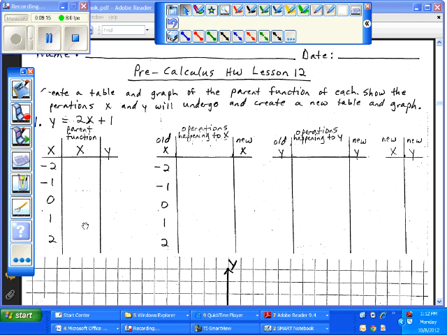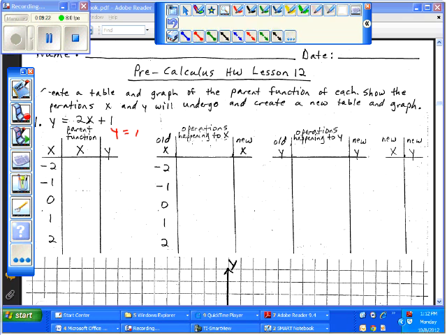Okay. The parent function of this is really y equal x, isn't it? Notice when we graphed, remember, the parent function of a line, we started out with the old faithful points. I'll call them -2, -1, 0, 1, 2.